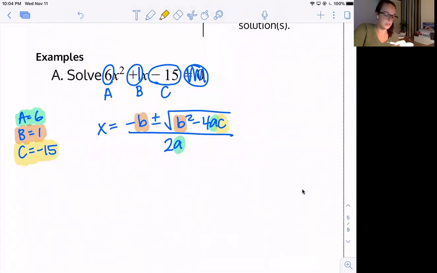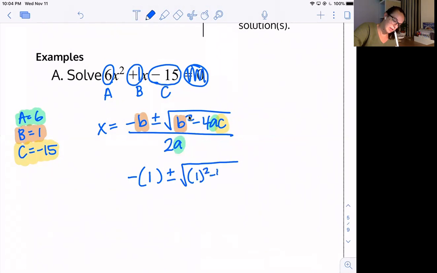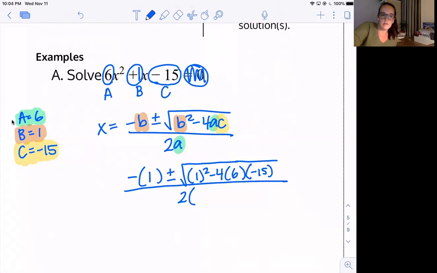When I plug that in, I want to make sure to use parentheses. So I have negative, this first part here, the b is turning into 1. I have plus or minus the square root of b squared, so 1 squared, minus 4 times a, which is 6, times c, which is negative 15, all over 2 times a, which is 6.